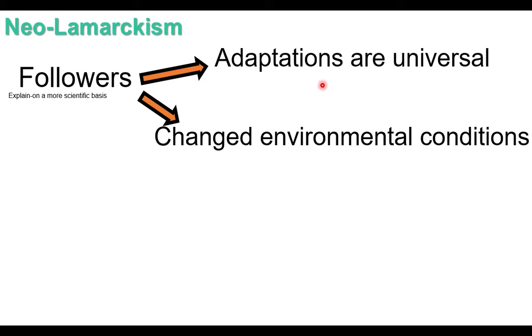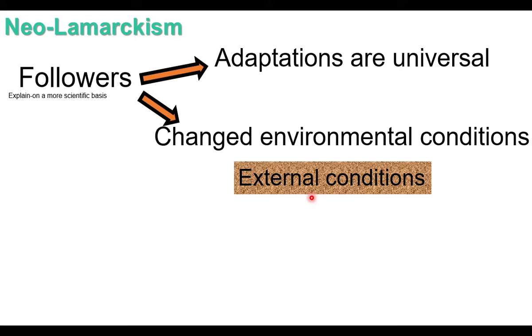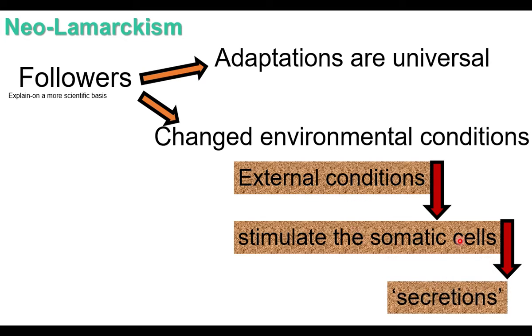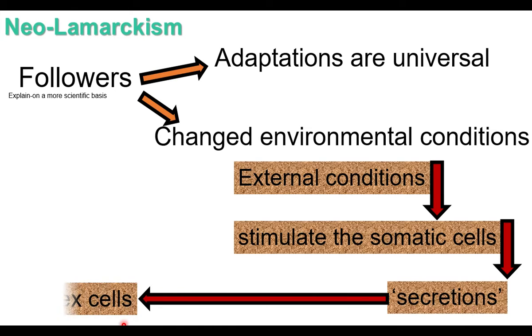New adaptations are due to change in the external conditions. Change in the external conditions stimulate the somatic cells to secrete some secretions. These secretions reach the reproductive cells through blood.